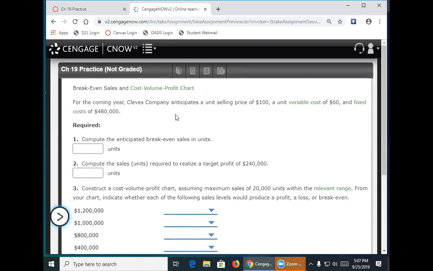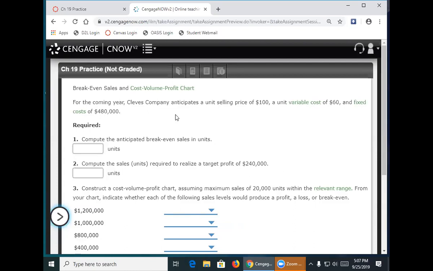So it says for the coming year, Cleve's company anticipated a unit selling price of 100, a variable cost of 60, and fixed cost of 480,000. So we're doing break even in units. So again, we need to calculate contribution margin. That one's easy, 100 minus 60. So $40 is our contribution margin per unit.